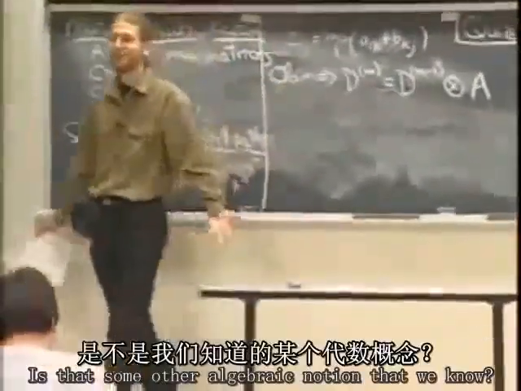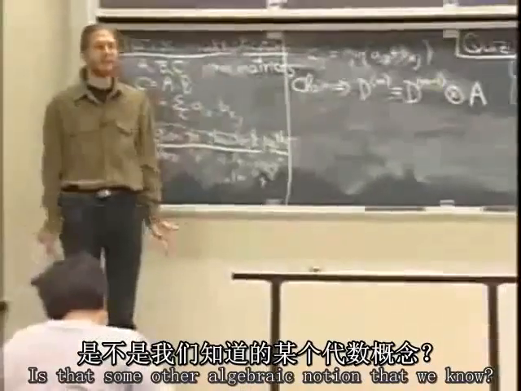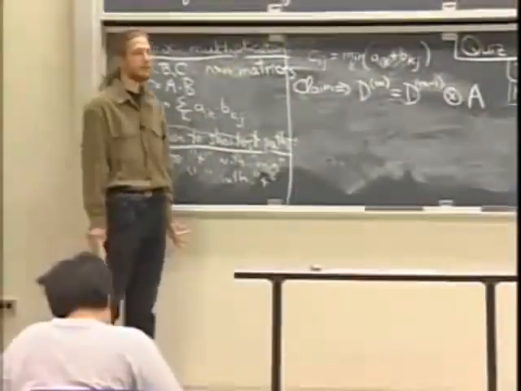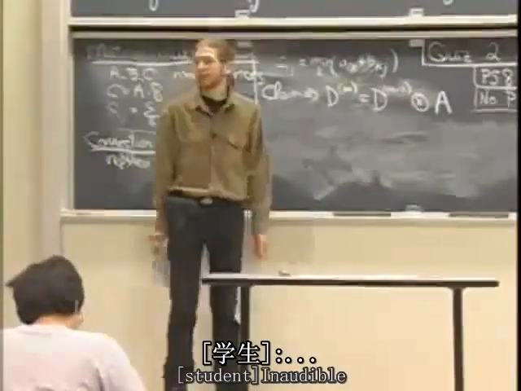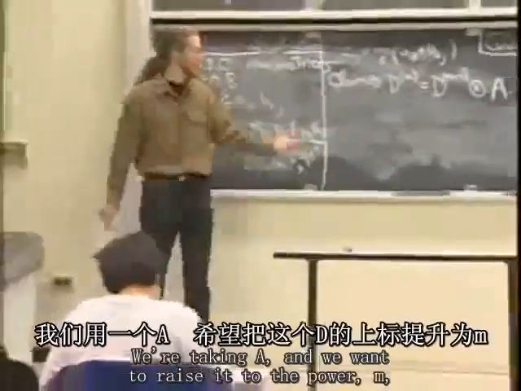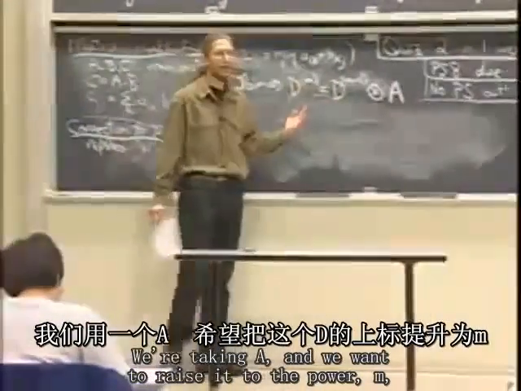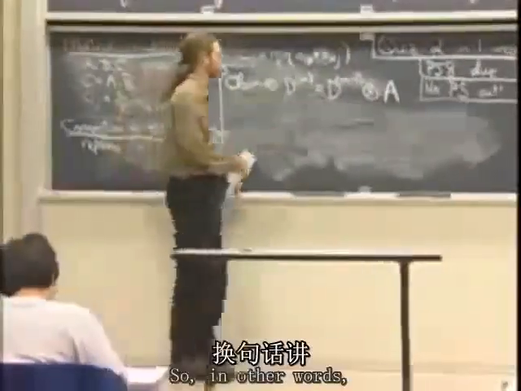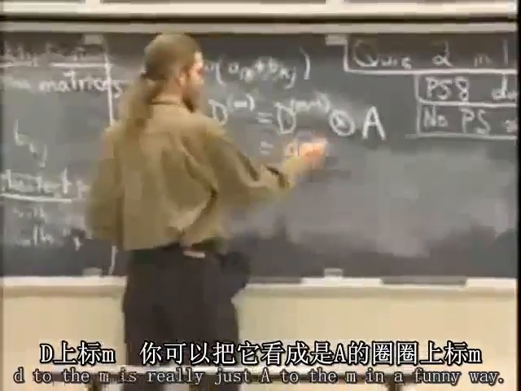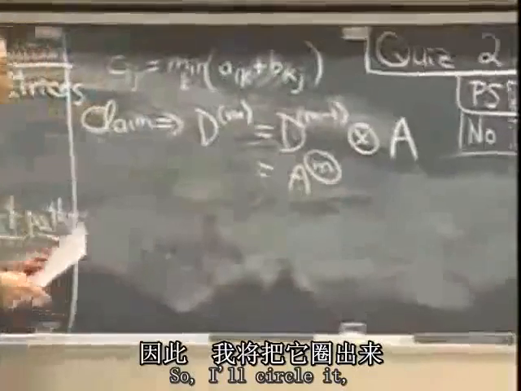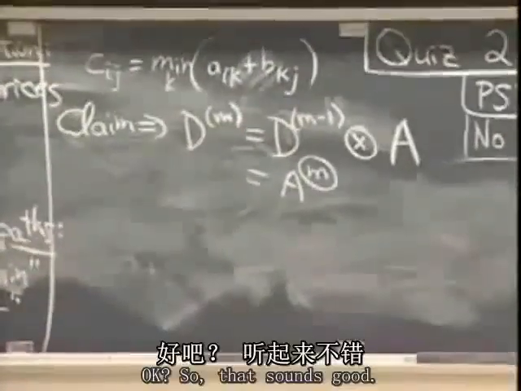Is that some other algebraic notion that we know? Yeah, it's the exponent. We're taking A and we want to raise it to the power m with this funny notion of product. So in other words, d to the m is really just A to the m in a funny way. So I'll circle it.